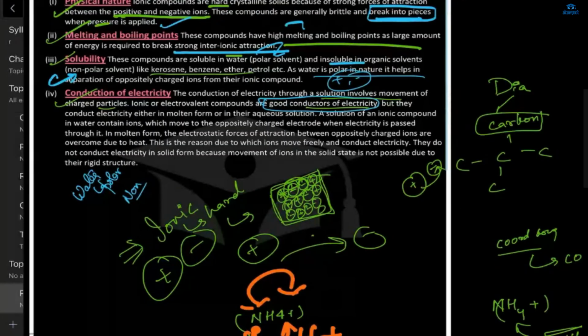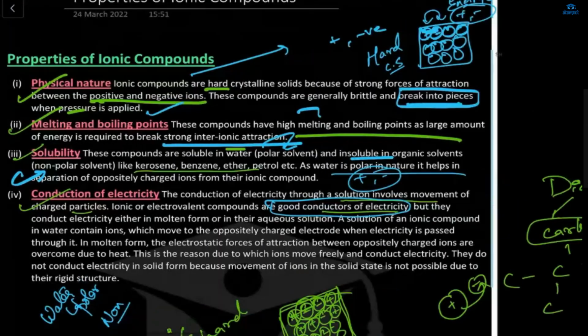Next is the properties of ionic compounds. Ionic also with physical nature, क्या होता है, same as your solid, where it's a very strong force of attraction between them because negative and positive ions are there. ठीक है, तो solid में भी ये होता है, strong force of attraction, fully packed.